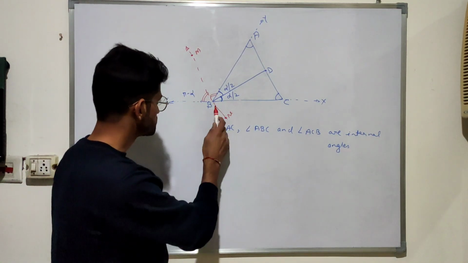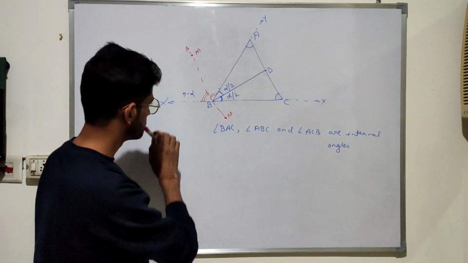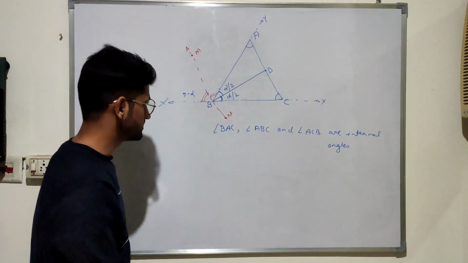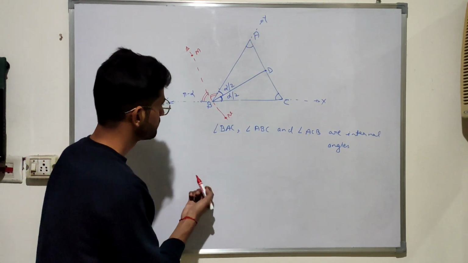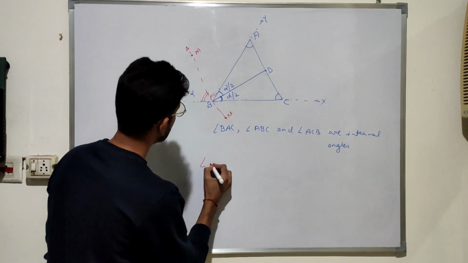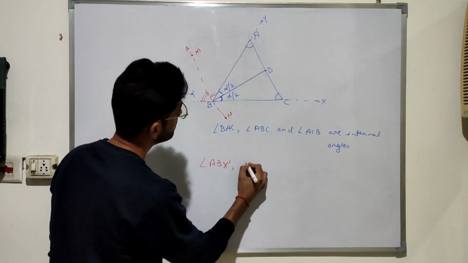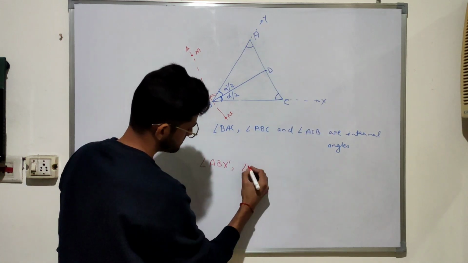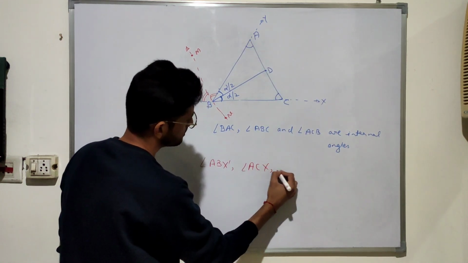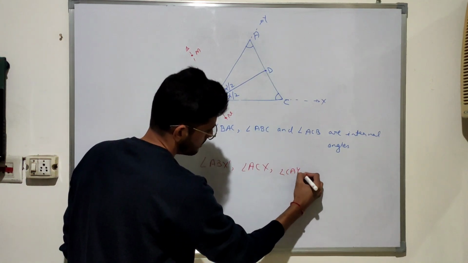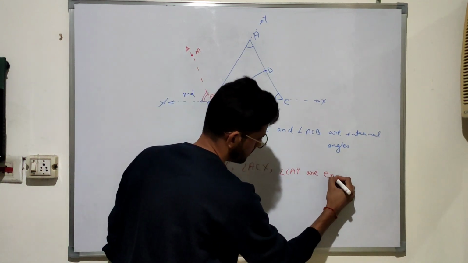Why is it an external angle? Because we are extending side BC towards the left side, and so angle ABX is going to be an external angle. So we can write angle ABX dash, angle ACX, angle CAY are external angles.